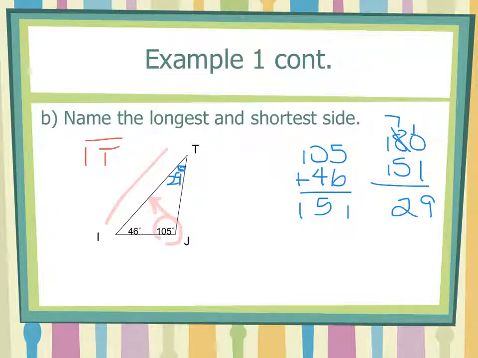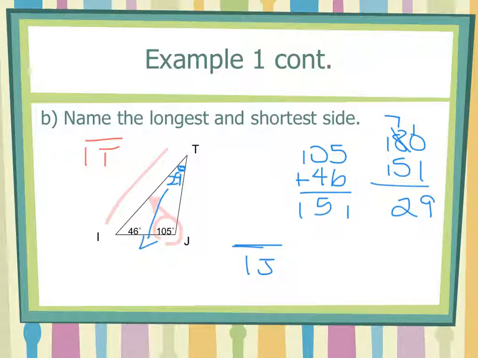But the shortest side, if I hadn't figured it out, I would have thought that it was TJ, but really it's opposite the 29, so it's going to be IJ. So you need to fill in all the angle measures before you look for the longest or shortest side. Does that make sense? This part of it is common sense. You just look for the one opposite the biggest or the smallest, depending on what they're looking for.